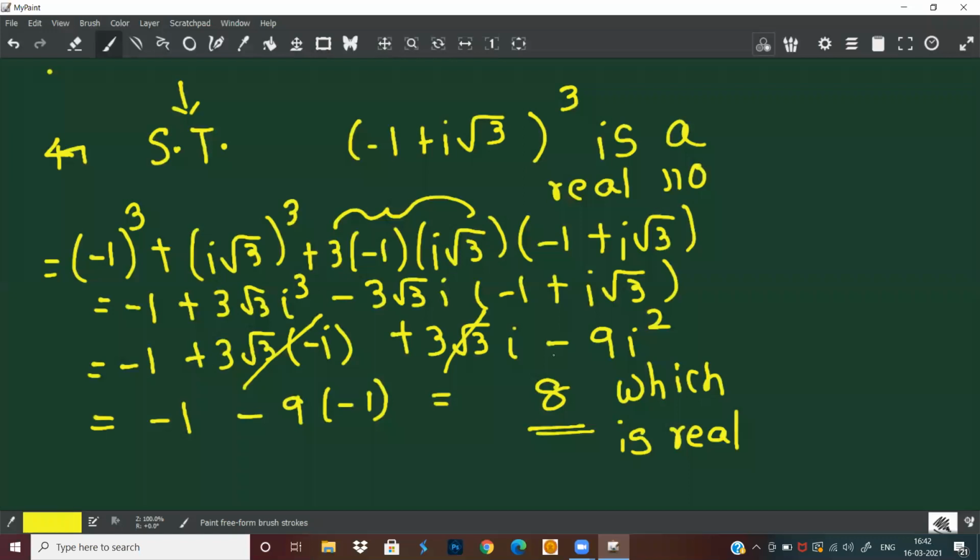Minus into plus is minus. √3 into √3 is 3. 3 3s are 9. I square is -1. So ये हो गया +9 and ये है -1. So 8 is the answer, which is real. At the end, obviously, you will be writing hence proof.